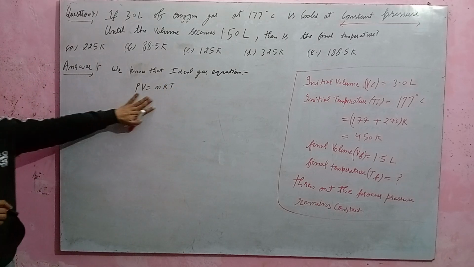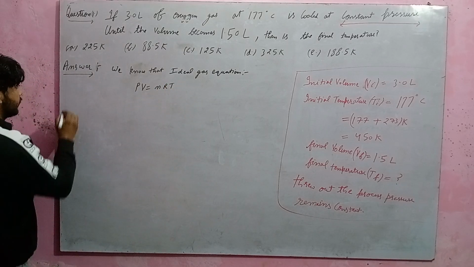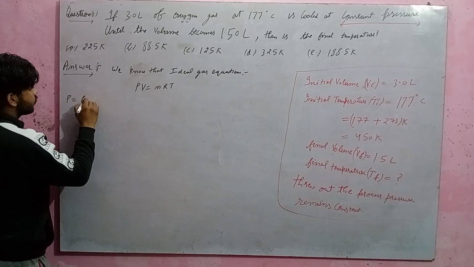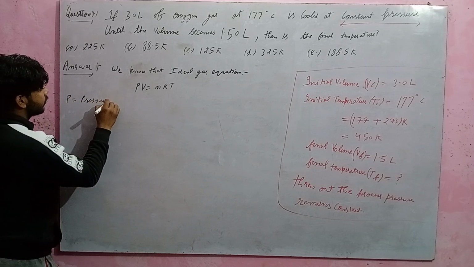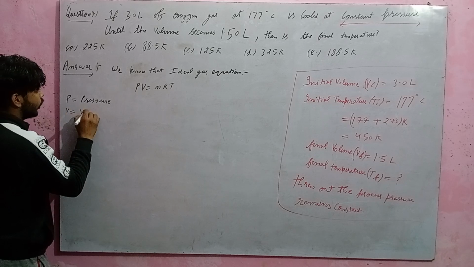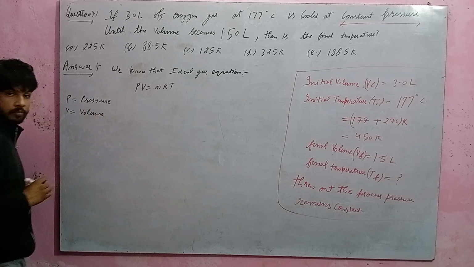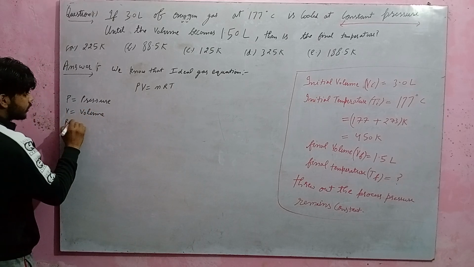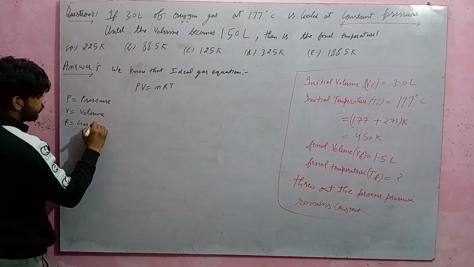This is the ideal gas equation, where P is the pressure, V is the volume, and R is the gas constant.